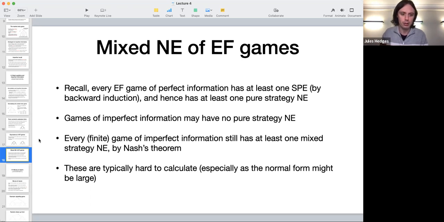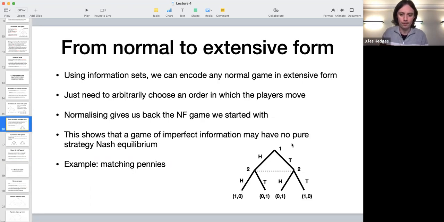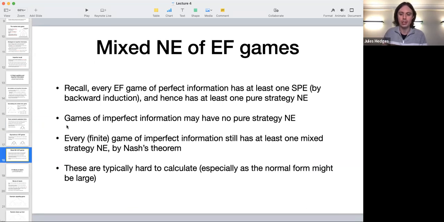But the example I showed you 2 slides ago demonstrates that if we have imperfect information, this is no longer the case. So we can have games of imperfect information that do not have any pure strategy Nash equilibrium, same as for normal form games.